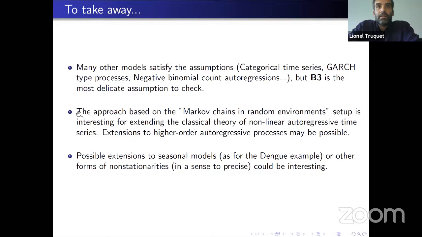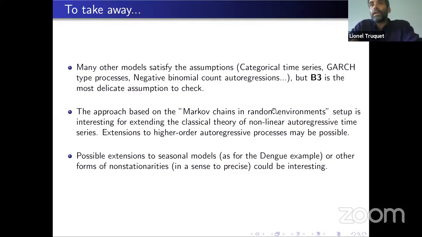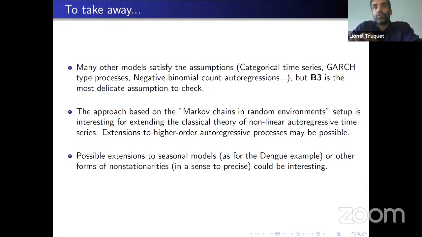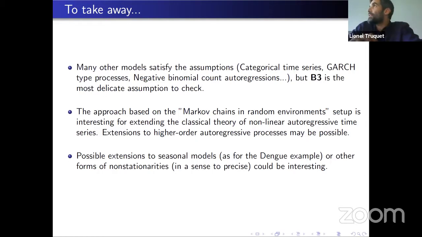So what was interesting with this approach is that when we formulate things using the Markov chain in random environment setup, this approach is quite interesting to extend this classical theory by investigating the limiting property of this backward iteration. I only presented some results about autoregressive processes of order 1.